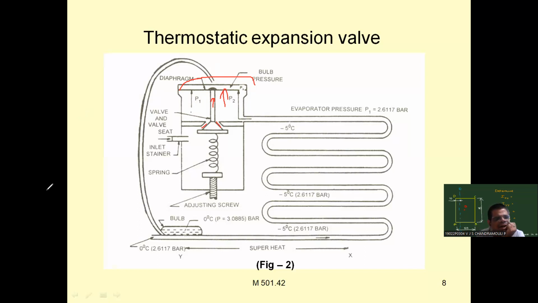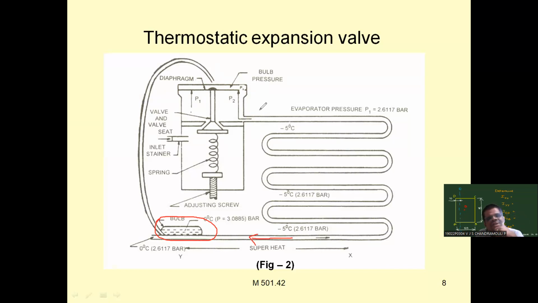Right. Now, how does the movement of the diaphragm take place? If you observe, there is a bulb. So this is the bulb. This bulb senses the temperature of the refrigerant which is coming out of the evaporator. So what happens in the evaporator?